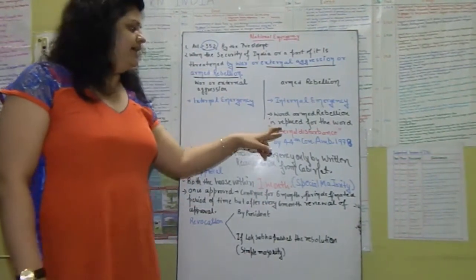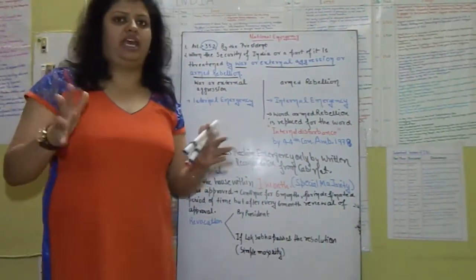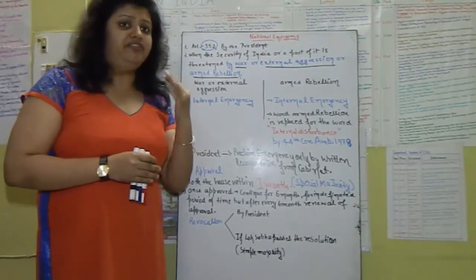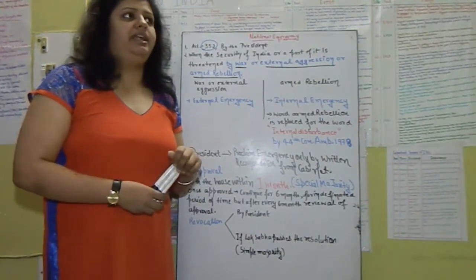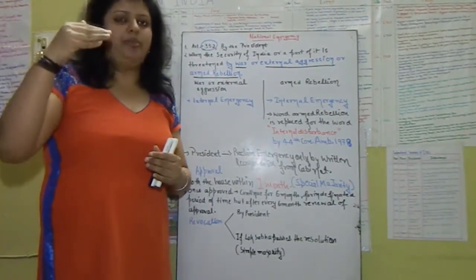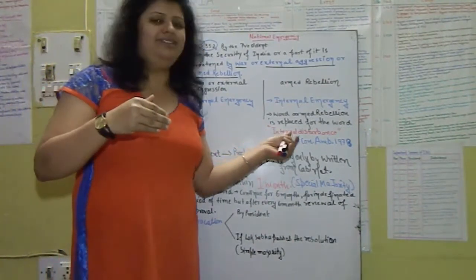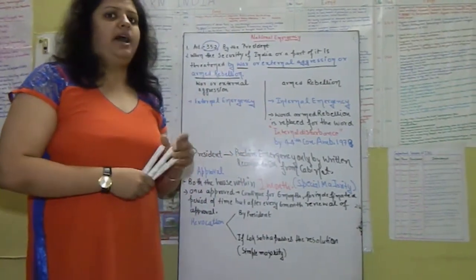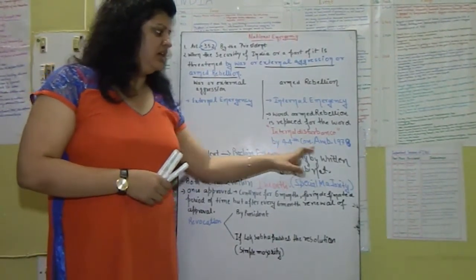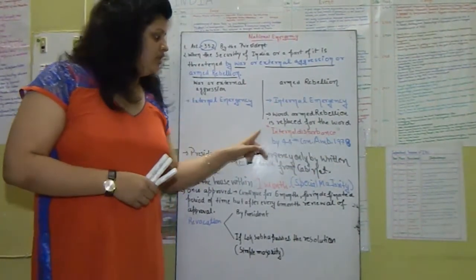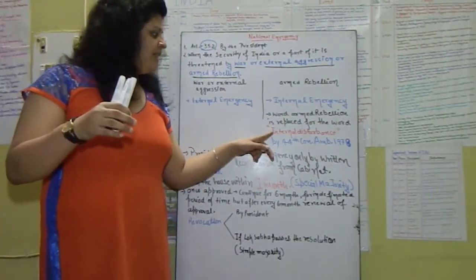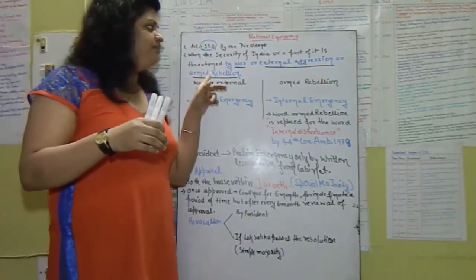Because this word internal disturbance is so vague and so vast that it is very difficult to interpret which things you can club in the word internal disturbance. So by the 44th Constitutional Amendment in 1978, the word internal disturbance was replaced by the word armed rebellion.